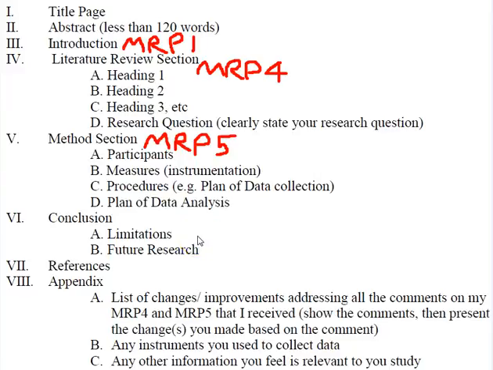So you're going to talk about the limitations of your research design or the limitations of your sampling procedure, or both. Like I said, every sampling procedure has potential limitations. Every research design has potential limitations.